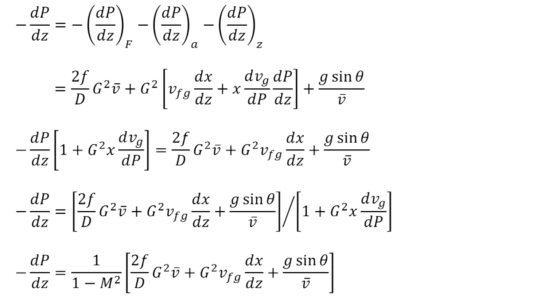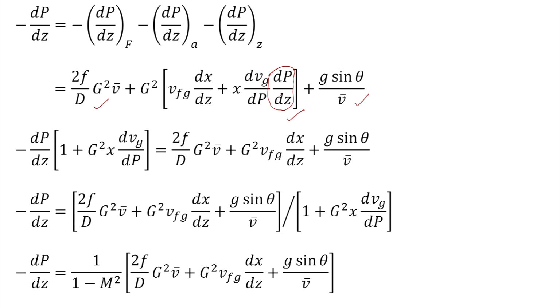So, we get dP by dz is equal to the frictional pressure gradient plus acceleration pressure gradient plus gravitational pressure gradient, and frictional is 2 f by d G square V bar, acceleration pressure gradient is G square Vfg dx by dz plus x dVg by dP dP by dz, and this is the unknown, which is contained here, and plus g sin theta upon V bar.